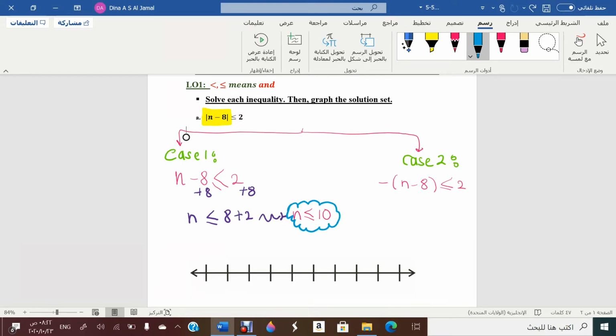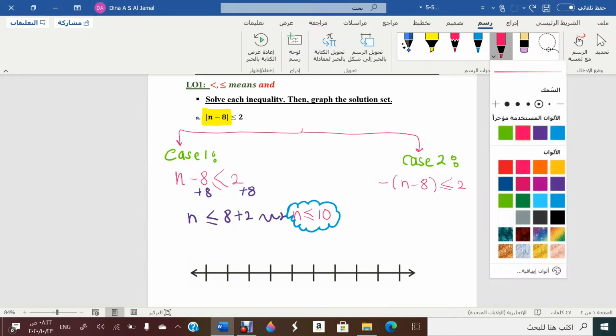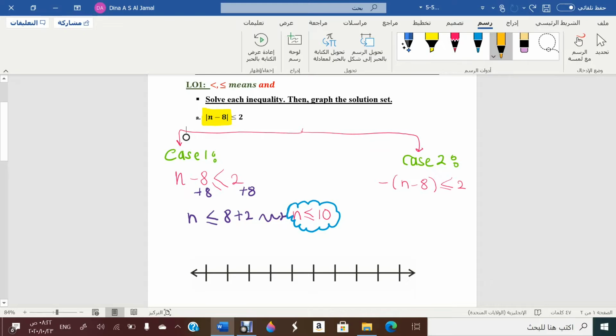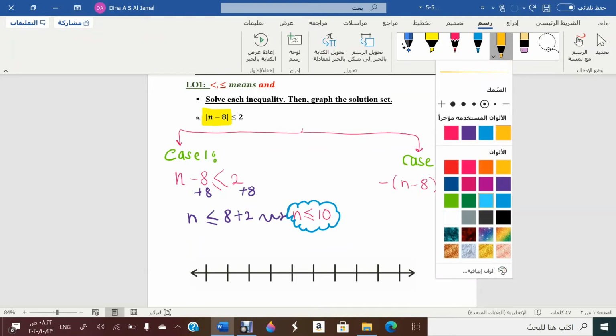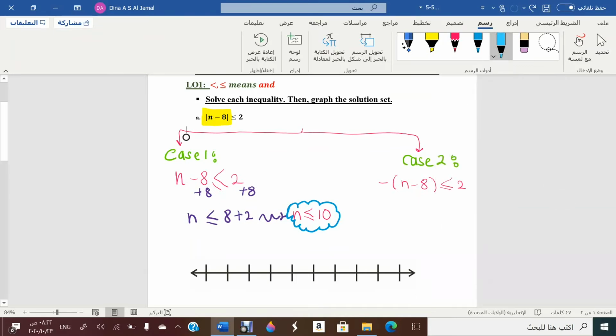Now let's go to the other case. The other case is so important because look at the minus outside. Do not start adding 8 both sides. This is a big mistake in mathematics. So what you need to do, you have minus outside, so you should use distributive property.